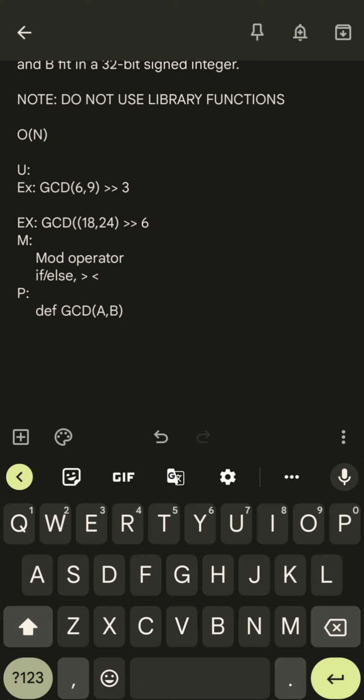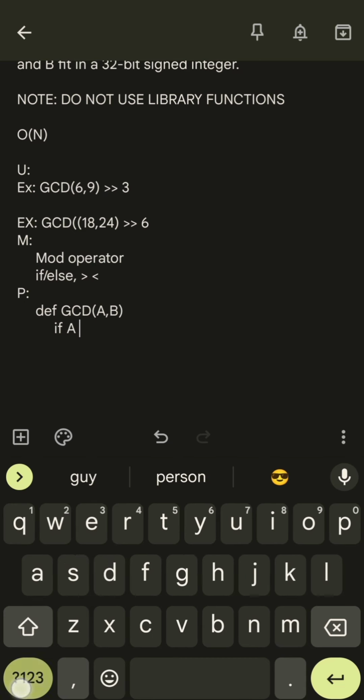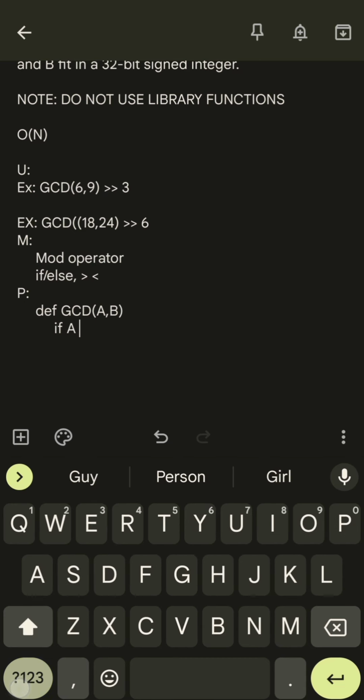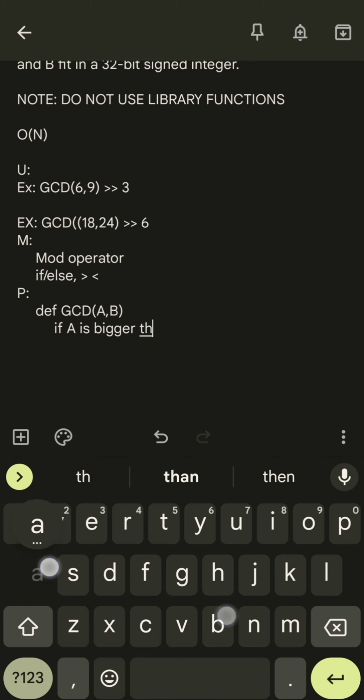So in that case, let's go ahead and say we're checking for the biggest number. So we would say if A is bigger than B, then we're going to have to also define X. Now, X, what's X?